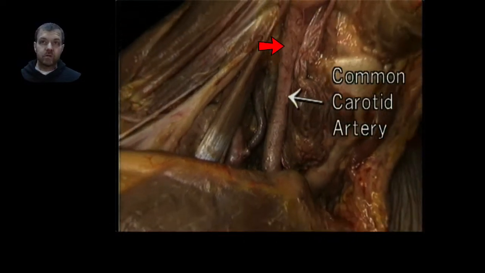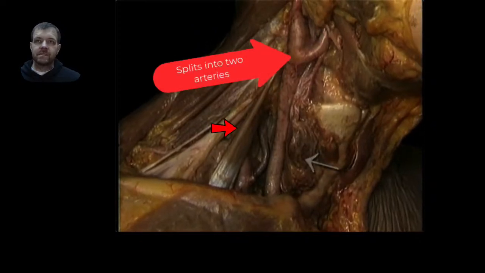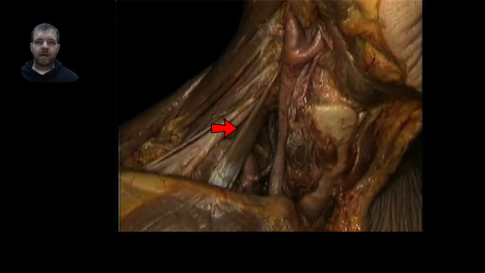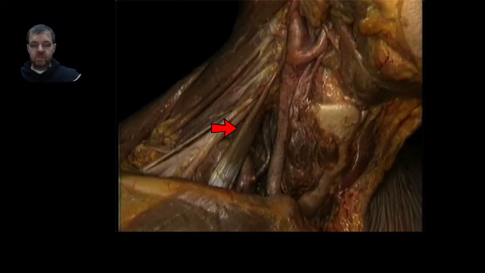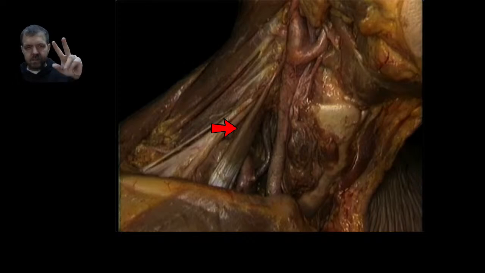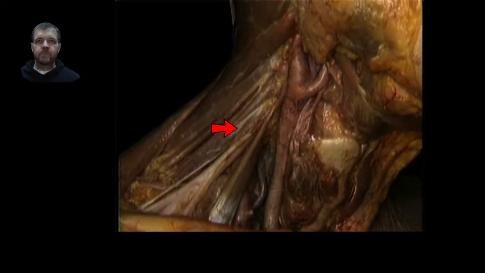So that's your common carotid before it splits, and there's the split, look, just there. So it splits into two arteries, so we call that a bifurcation. And remember, in the image that you saw, one branch went off to supply the side of the face, and the other one went deep and then went up into the head to supply up into the brain.